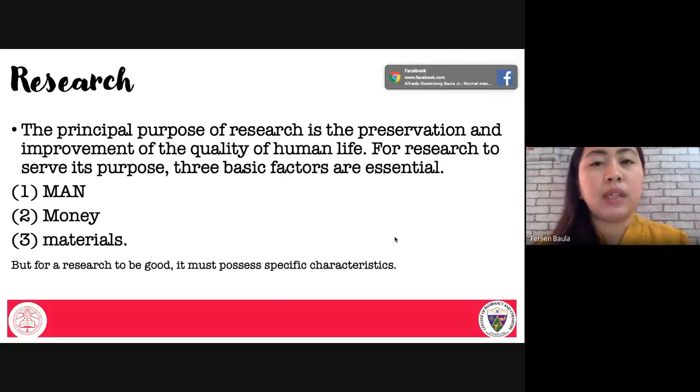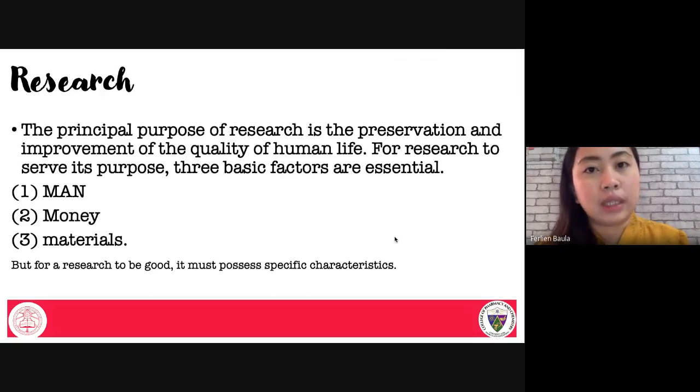Also, you can be financed by non-government organizations, or if your research is very good, it can be financed by WHO or the FIP. So there are many agencies or institutions that are willing to finance very good research and materials also.